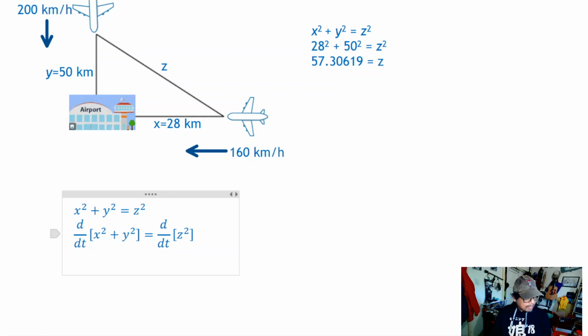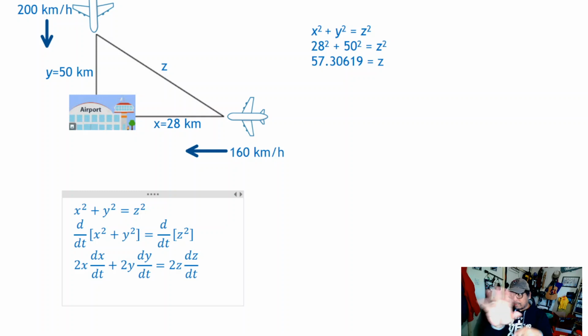Okay, the derivative of x squared is 2x times dx dt. The derivative of y squared is 2y multiplied by dy dt. And the derivative of z squared is 2z dz dt. We can substitute here. We know from our diagram we've defined that x is 28 and y is 50.